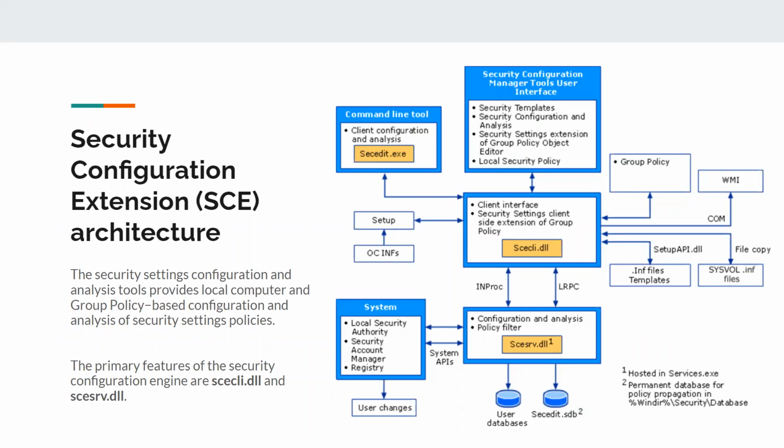After checking on Secate, and after finding that there were some DLLs used across different components that were calling into this security configuration extension architecture, I decided to look into MSDN, the Microsoft documentation, for more information.